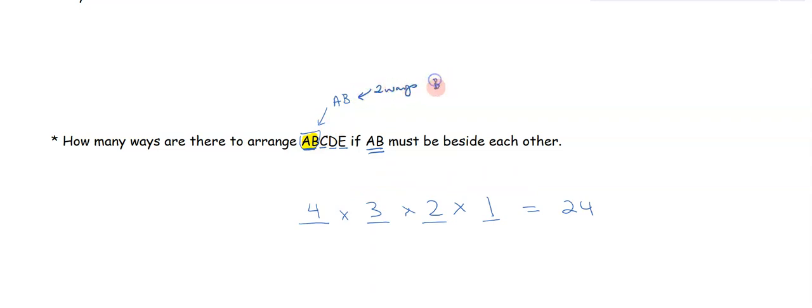It could be BA or AB. So since I have 24 ways with A then B, I just have to double that, right? Because you also have BA as an option, so each one of those options also has BA as the option, so it's actually 48 different ways.